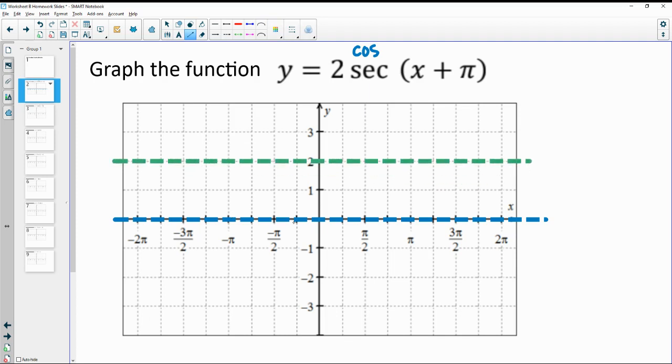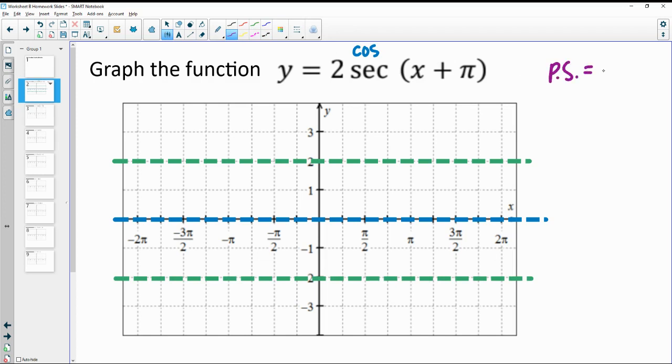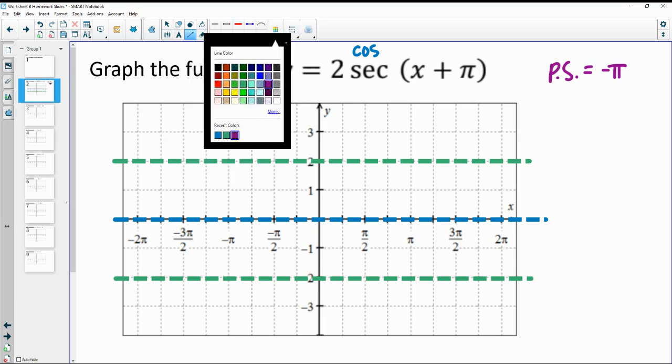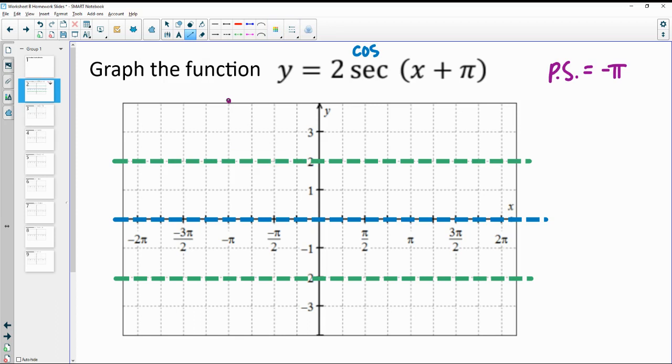So up 2 and down 2 from that. And then our phase shift here is equal to negative pi. And so we want to draw in that phase shift line for our starting axis at negative pi.